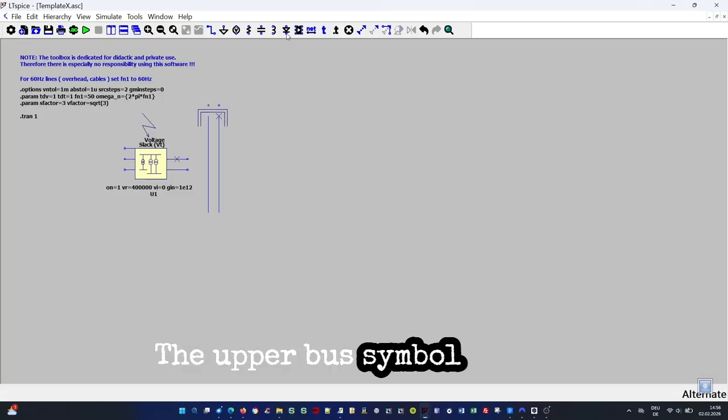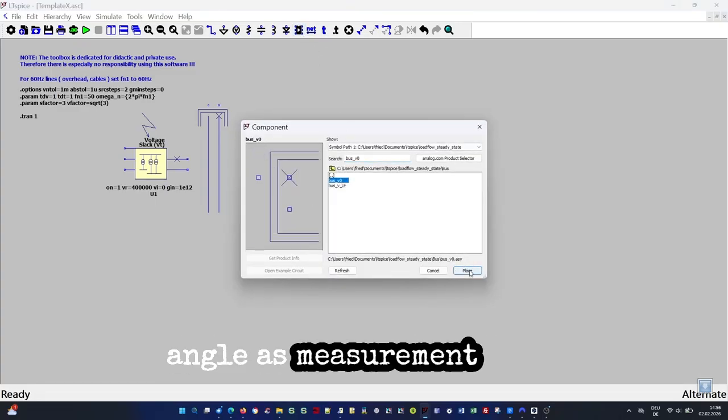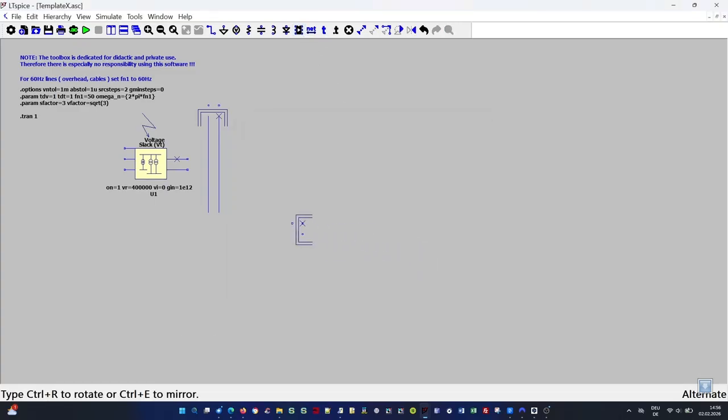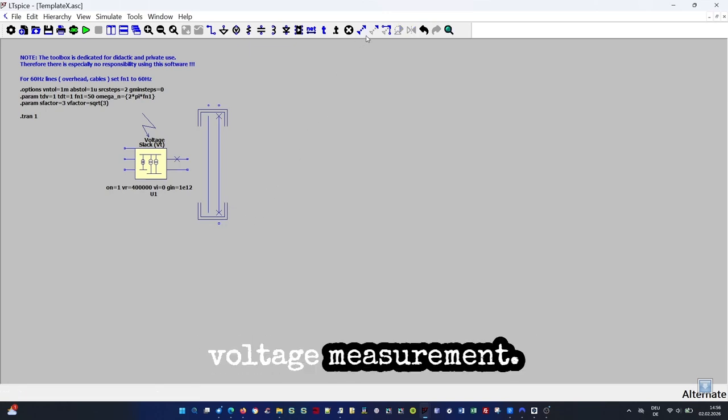The upper bus symbol has the phase-to-phase voltage near the cross and the voltage angle as measurement pins. The lower bus symbol has the phase-to-ground voltage measurement.